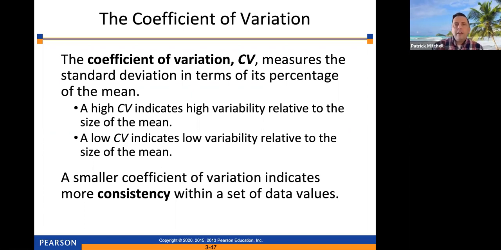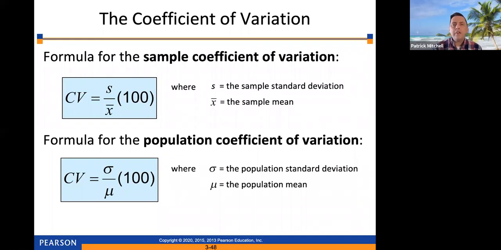All right, so here's the formula. As I said, the coefficient of variation is just the standard deviation as a percentage of the mean. So this is how you do that, depending on whether you're looking at a sample or a population. If you're doing a sample, it's S divided by X bar.